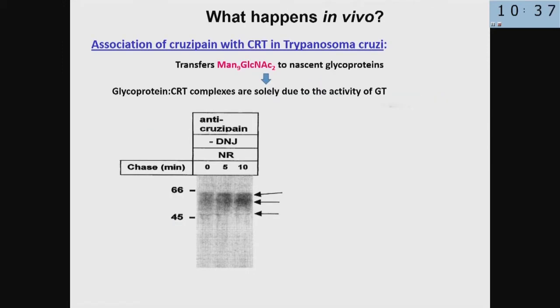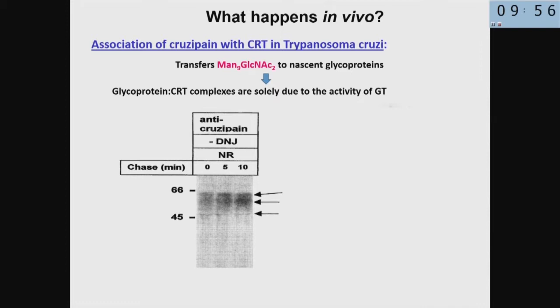And we used this property to demonstrate that in vivo, this enzyme uses the last folding stages of a glycoprotein as a substrate. And for that, we use Trypanosoma cruzi. Trypanosoma cruzi has the distinction of not transferring a glucose 3-mannose 9 N-acetylglucosamine 2 glycan, as most eukaryotic cells do, but only mannose 9 N-acetylglucosamine 2. They don't transfer glucosylated oligosaccharides.